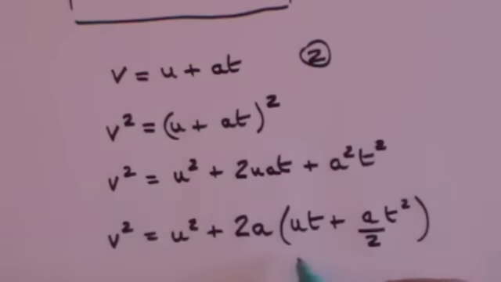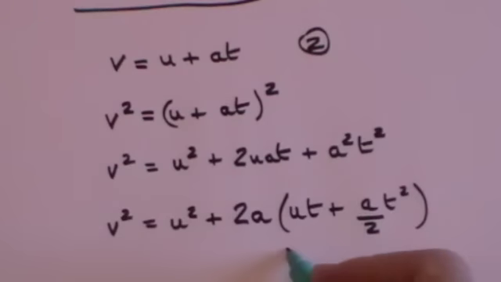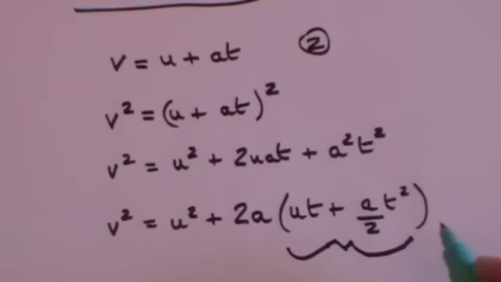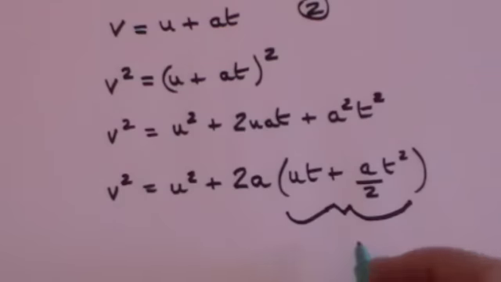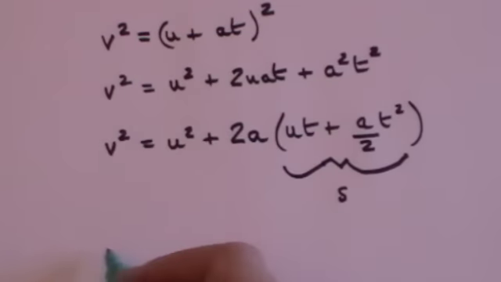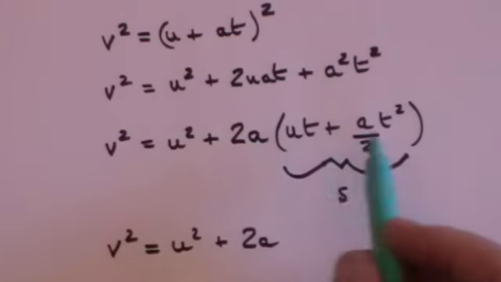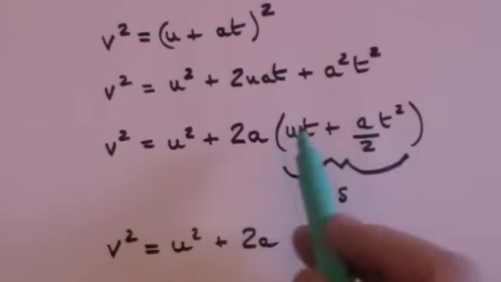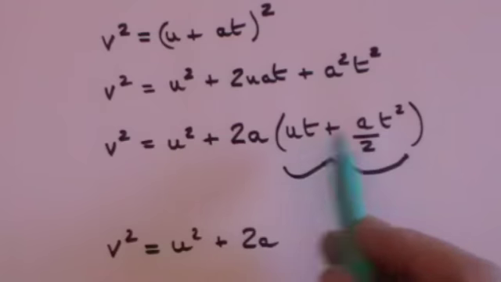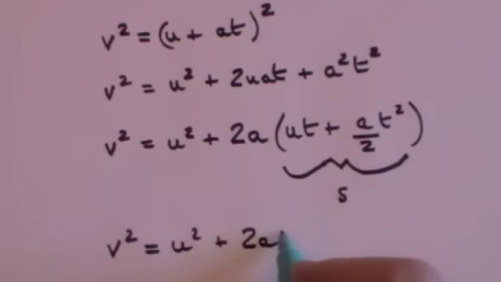But you should recognise that ut plus a half at squared is Suvat number 3. That is just distance, s. Consequently, v squared equals u squared plus 2a times this great term here, but that is Suvat equation number 3, and that's just distance.